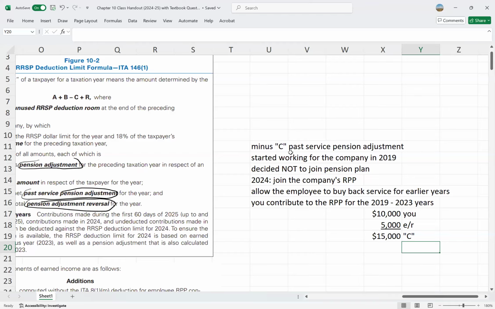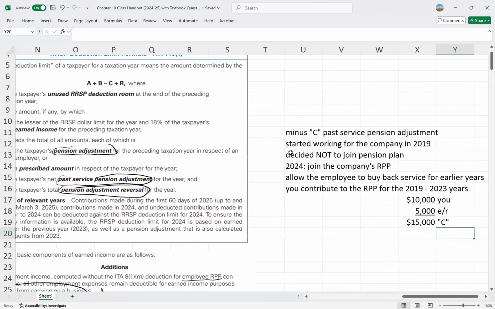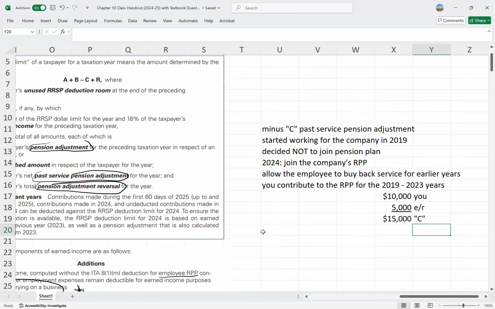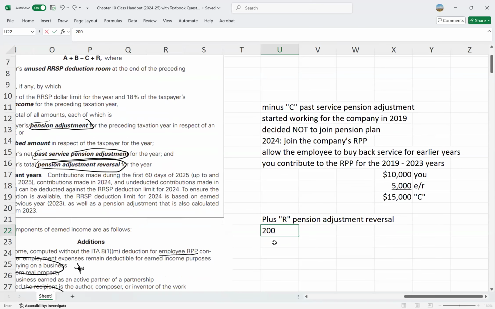So that's the C amount. What about the R amount? R is plus R, pension adjustment reversal. So let's talk about plus R. Let's just use a different example. Let's say it's 2022 and you join the company RPP.